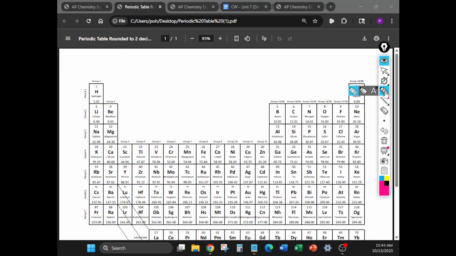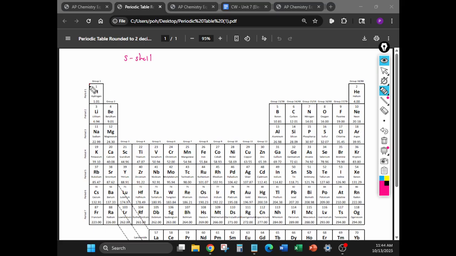Let's take a look at our periodic table, and there are these different regions that we're going to look at. The first subshell is called the S subshell, and I'm going to do it in red. These are the sections on the periodic table that the S subshells are in.